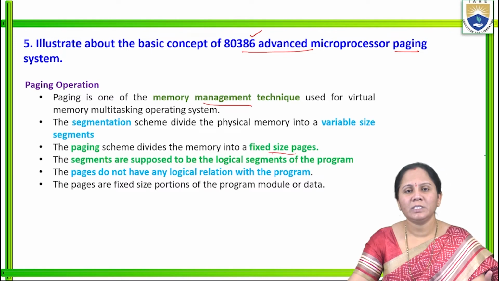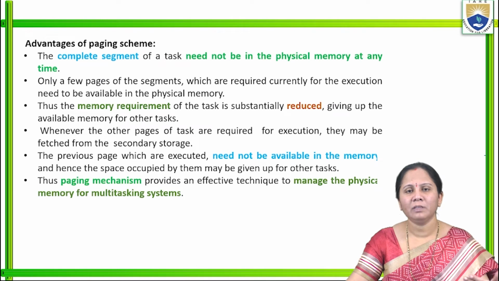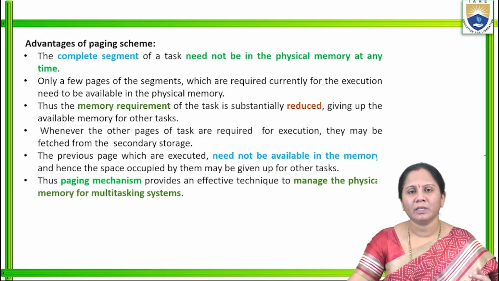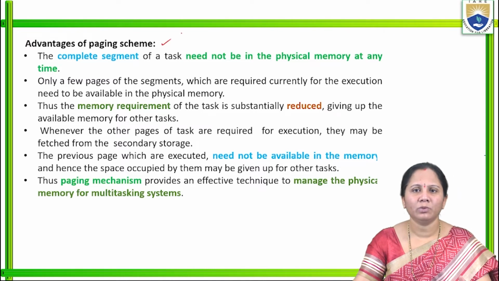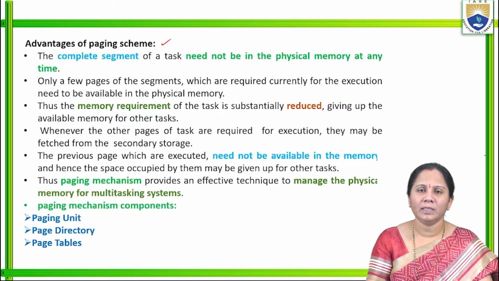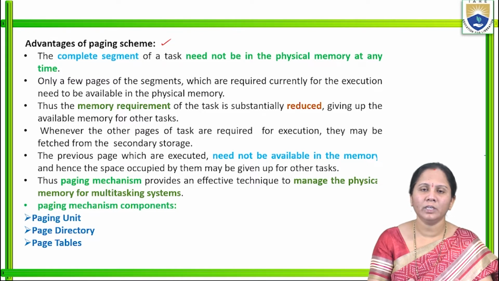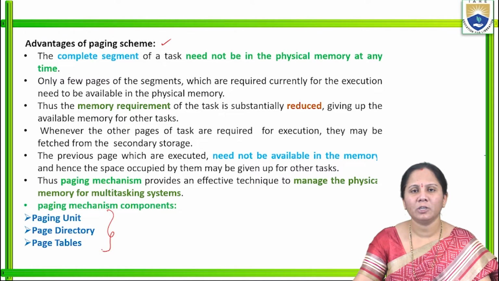Okay, so each page is allocated to perform one single task. After performing the function of each task, that particular memory can be left empty so that another task can occupy it. Okay, so all the advantages of the paging scheme we have to consider here. And in order to make this paging mechanism work in 80386, it consists of three important units. They are the paging unit, page directory and page table entry.